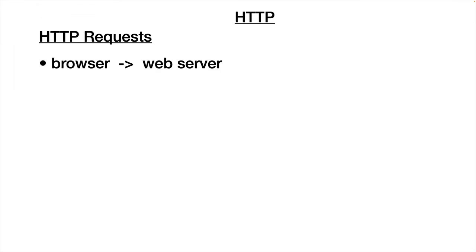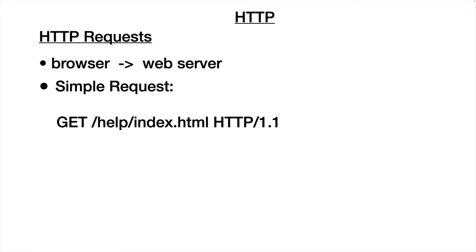So I said that the first step was something called an HTTP request, and this is sent from the browser to the web server as we showed in the graphic. And a very simple request will look like this. It'll have a method which either will be a get or a post.